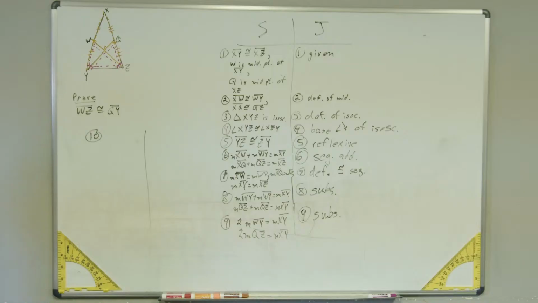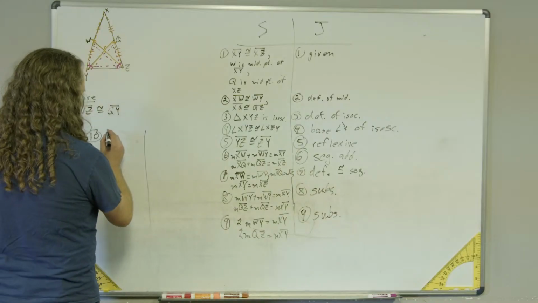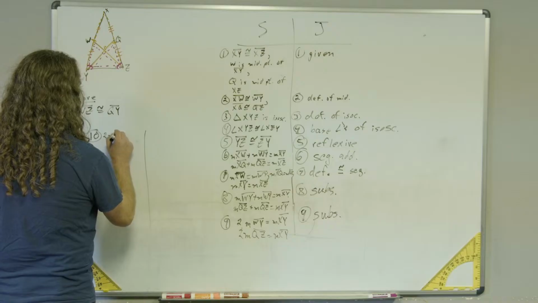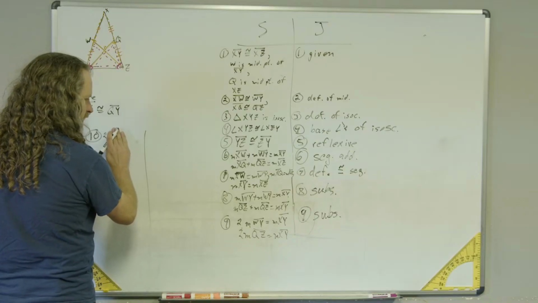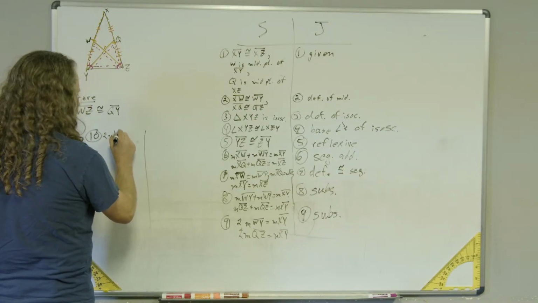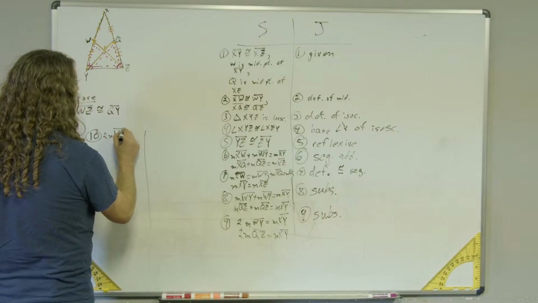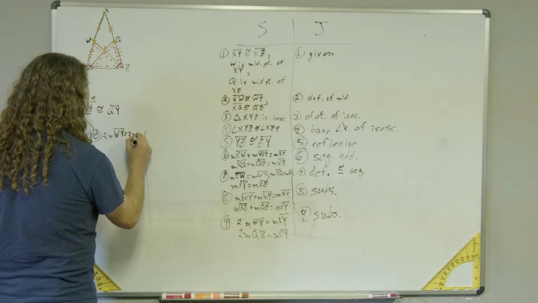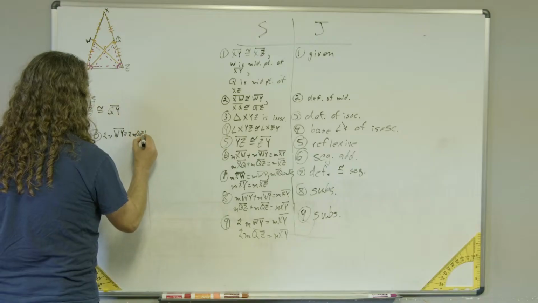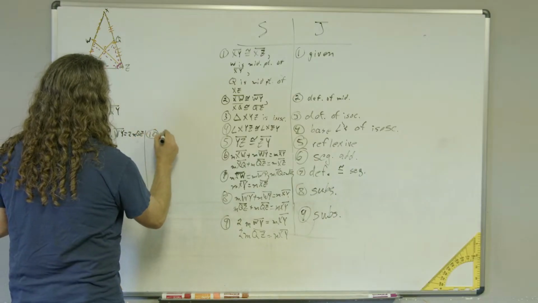It's your favorite. No, we're not there yet. We're going to get to SAS in a minute. No, it's the transitive property. So 2 times the measure of WY equals 2 times the measure of QZ, because of the transitive property.